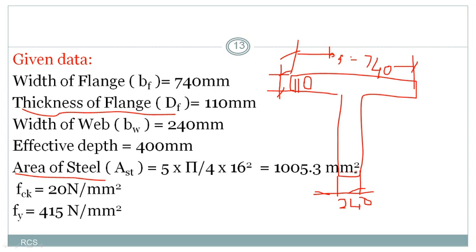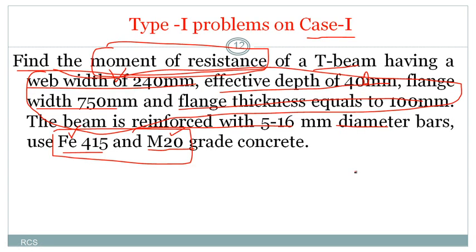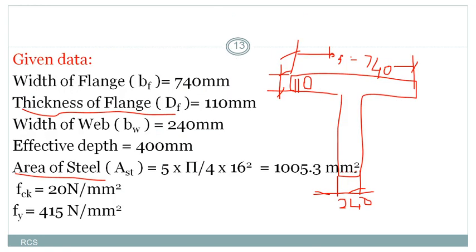Clear? And he has mentioned the area of steel to be provided in this tension zone. It is not given directly as the area of steel, but in terms of number of bars: 5 bars of 16 mm. So 5 numbers of 16 mm bars are provided as tension reinforcement.